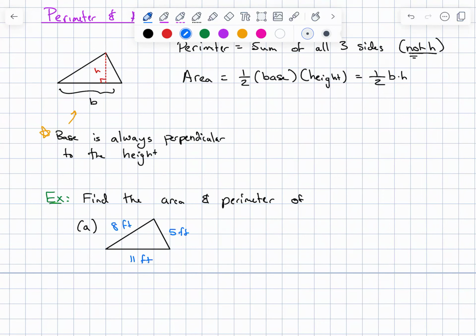And then it gives us this measurement and says that that is 4 feet. And then part B will be a right triangle like this, and the measurements are 13 centimeters, 12 centimeters, and 5 centimeters.